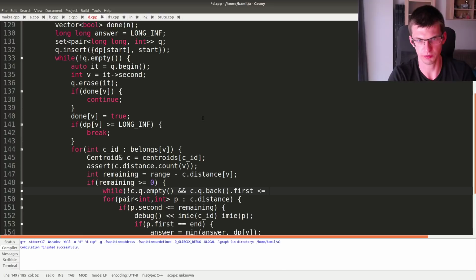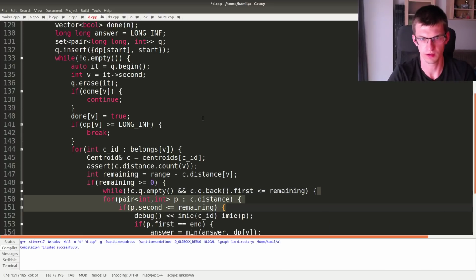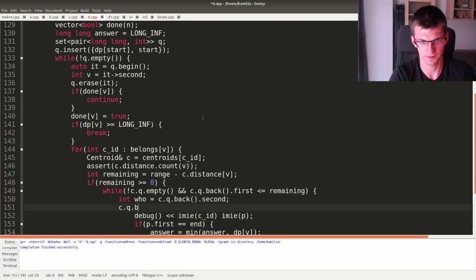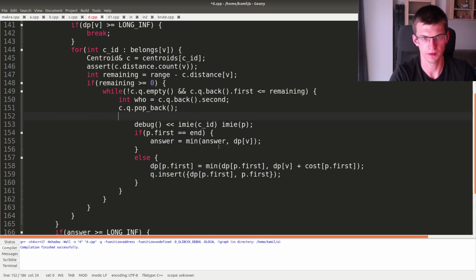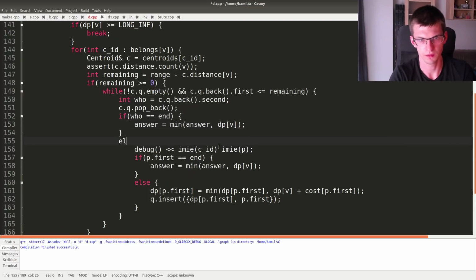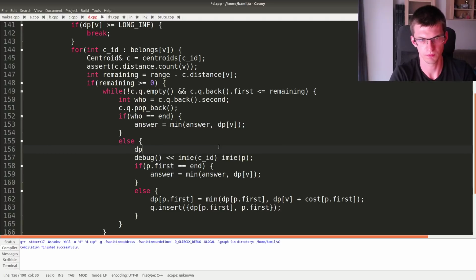If it's more equal remaining. Who is CQ back dot second? Here is end. I'm rewriting what is there below.